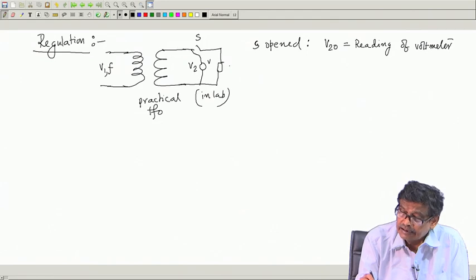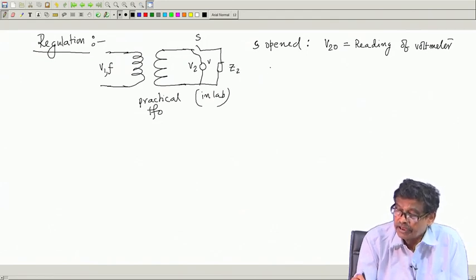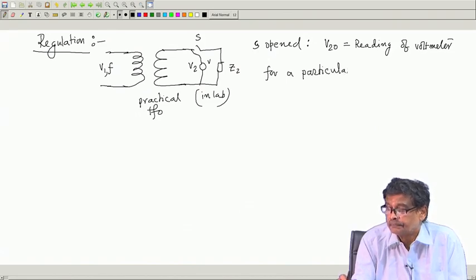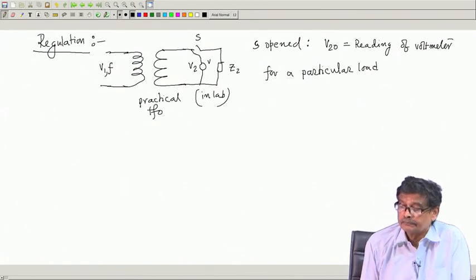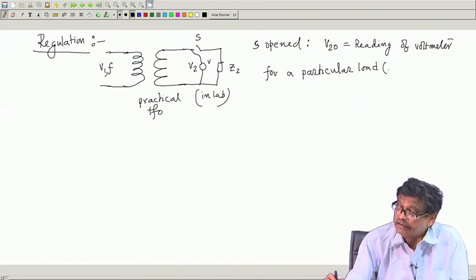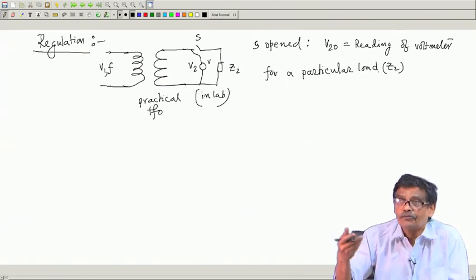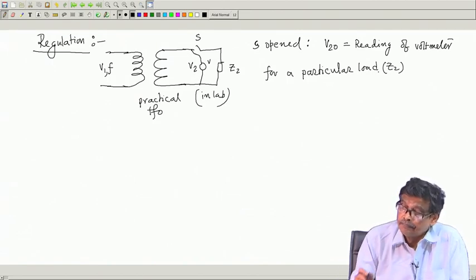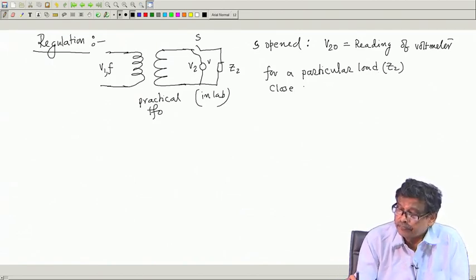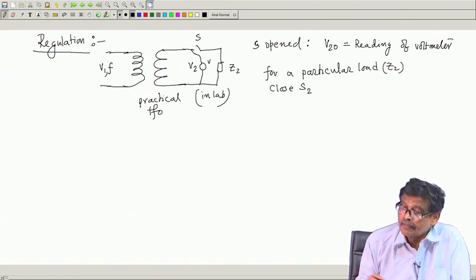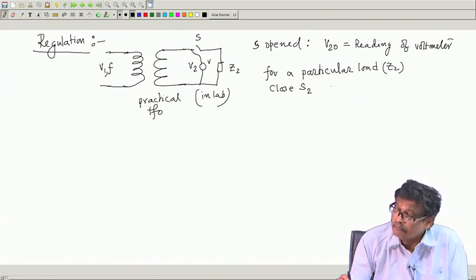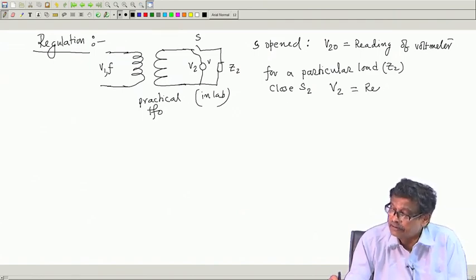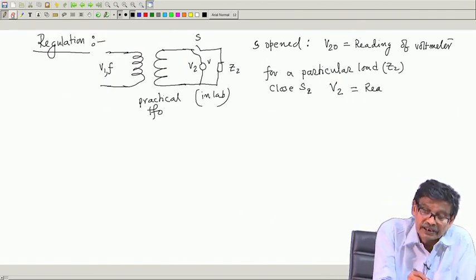Here is the voltmeter connected. Then connect a particular load, that is Z2, or in terms of kVA, kilowatt, power factor, etc., in whichever way it is specified, connect that load, close S, and measure once again the terminal voltage.